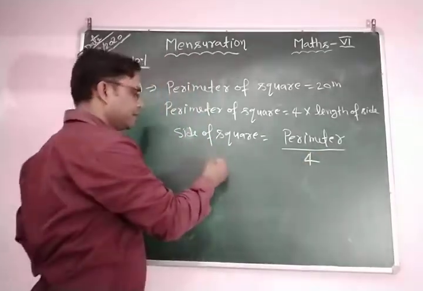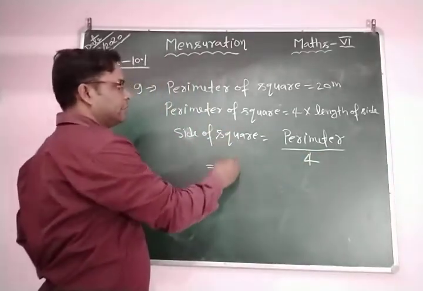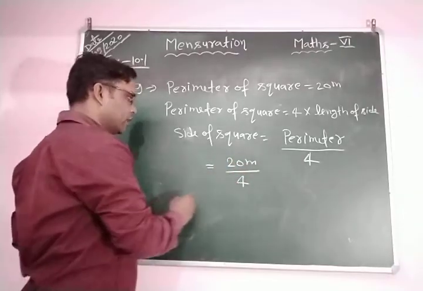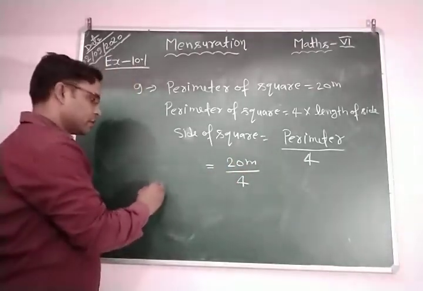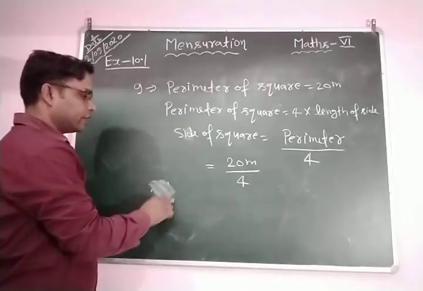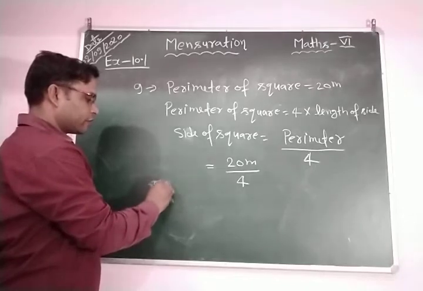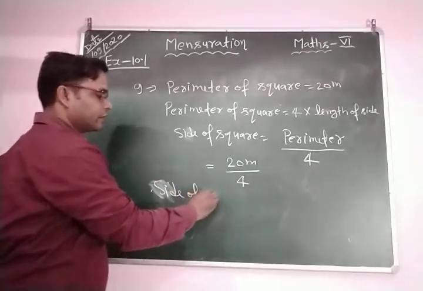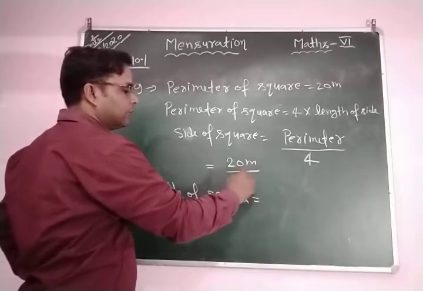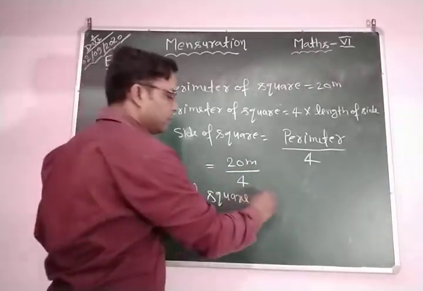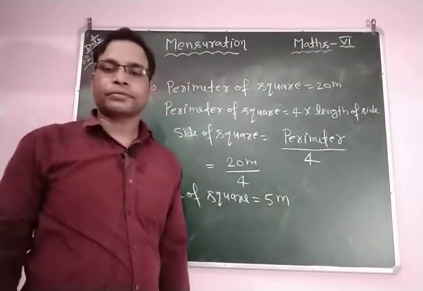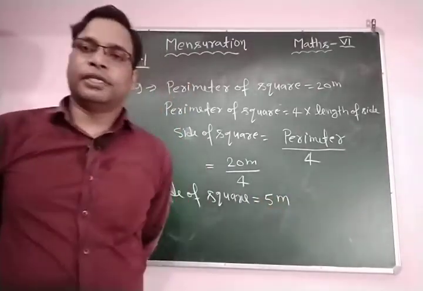Here, the perimeter of the square is 20 meter divided by 4. Then you obtain the side of the square. If you divide 20 by 4, then you obtain 5. So the side of the square is 5 meters.